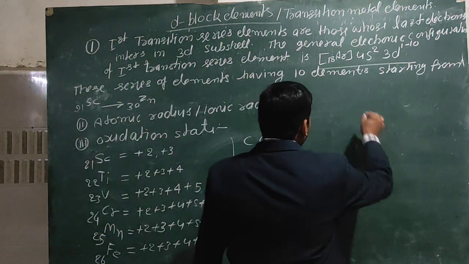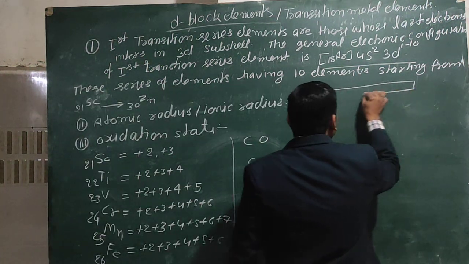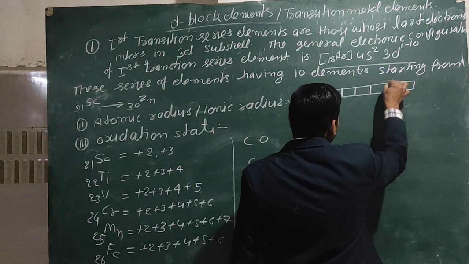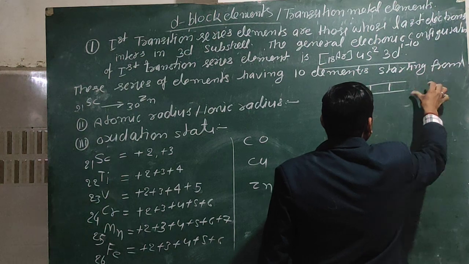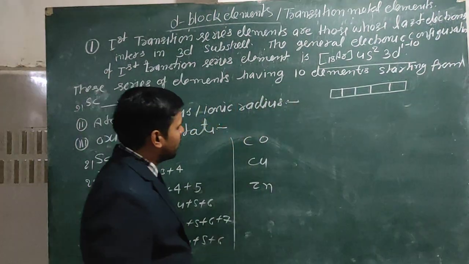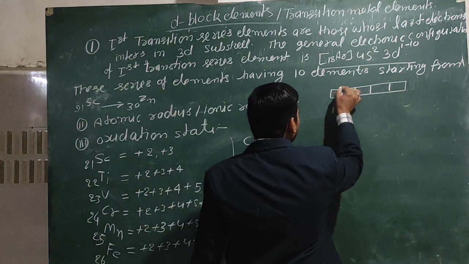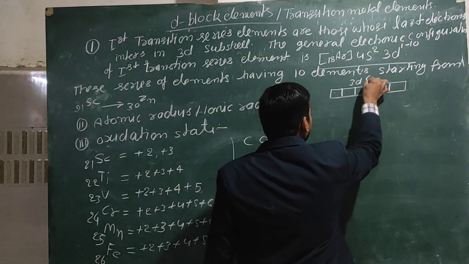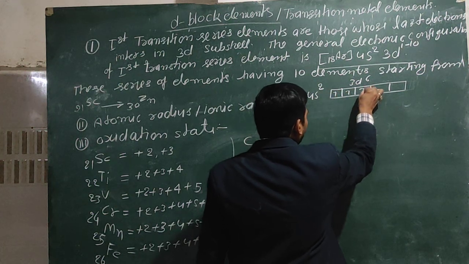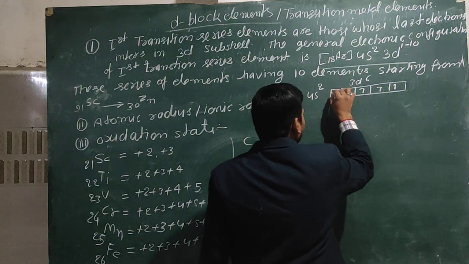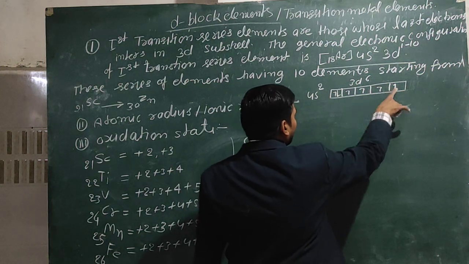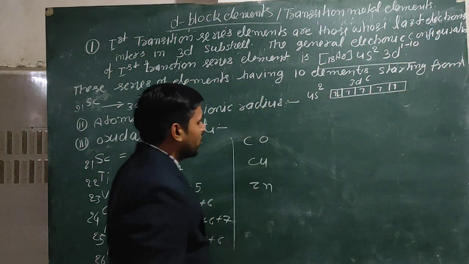Here you can see the total number of 1, 2, 3, 4, 5 orbitals present in the d orbital. Iron, which contains 3d6 electrons and 4s2 electrons, if we fill all these 6 electrons, then the total number of unpaired electrons here is equal to 4, and s contains 2 electrons.